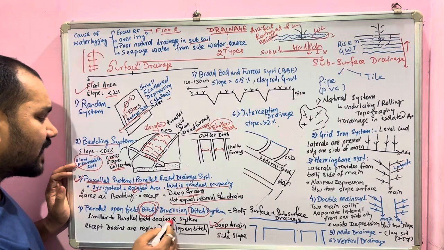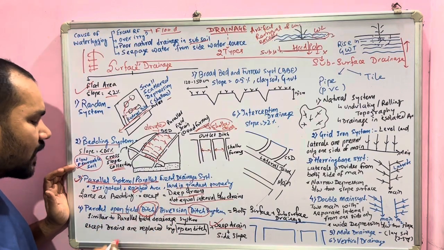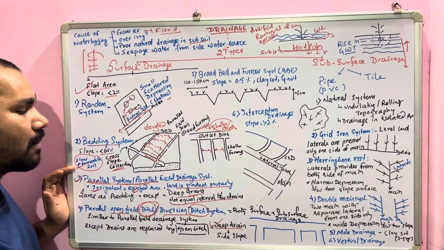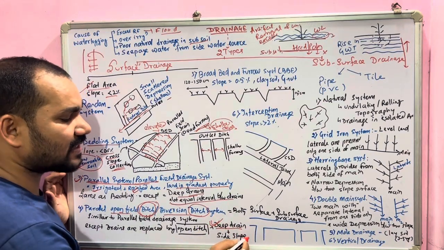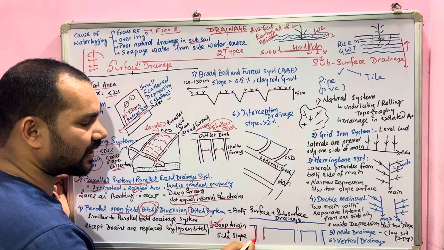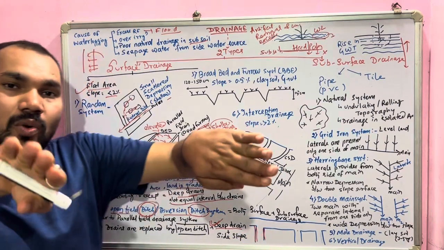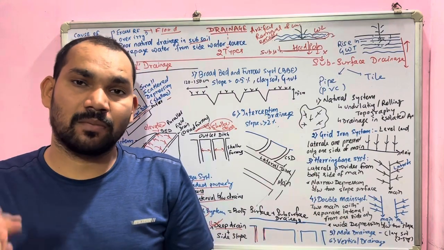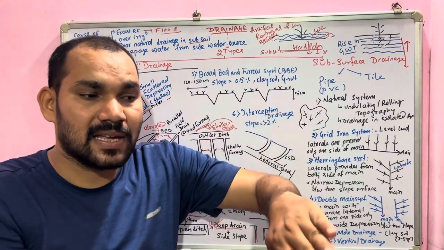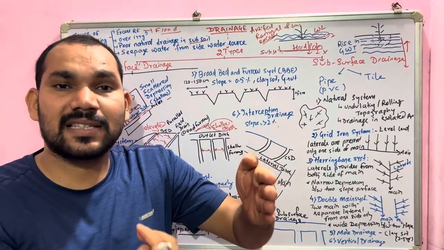As you can see here, I have written open ditch system. Open ditch means, first, a deep drain will be there and a side slope will be there. Whatever drains are there, they will be somewhat sloped because they will extract more and more water, because water will come from the surface as well as from the seepage loss.